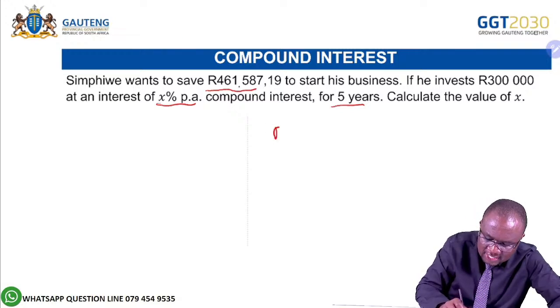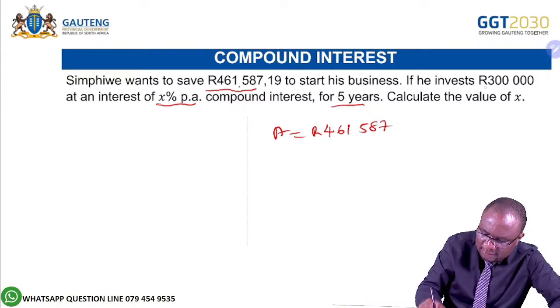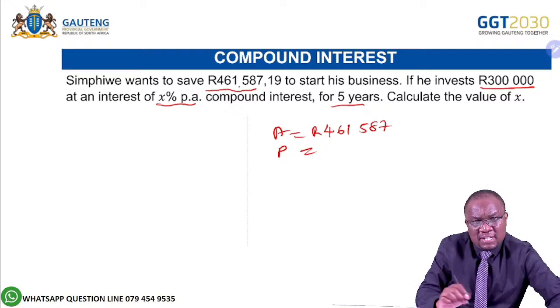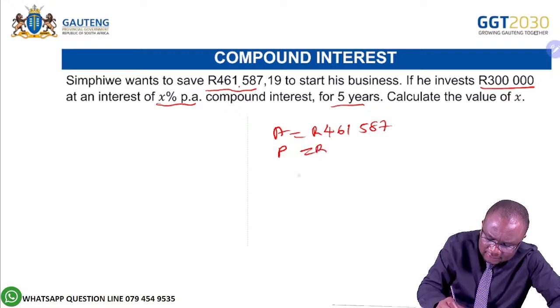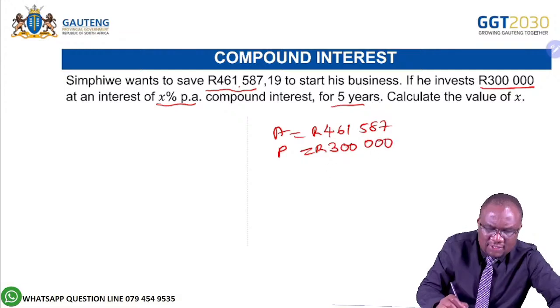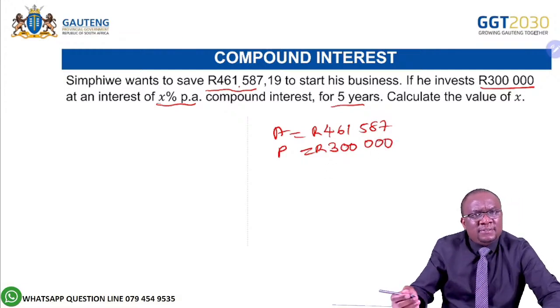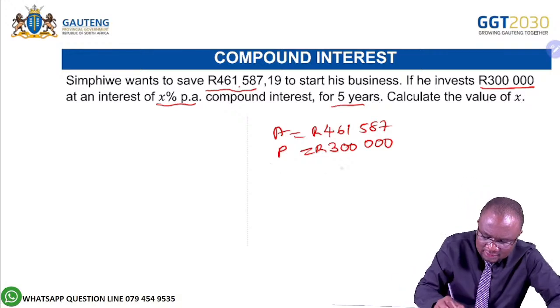So it means A is equal to 461,587, and then he invests 300,000, that is P. Be careful, don't make the mistake with P and A there. If it's an investment, it's growth, then A must be greater than P, isn't it? Okay. And then N is equal to 5.